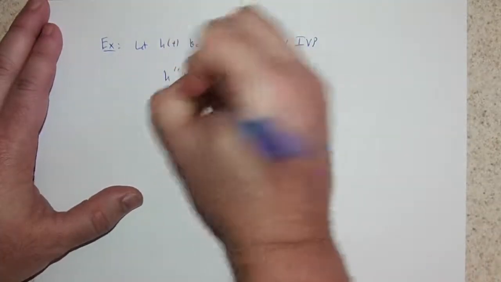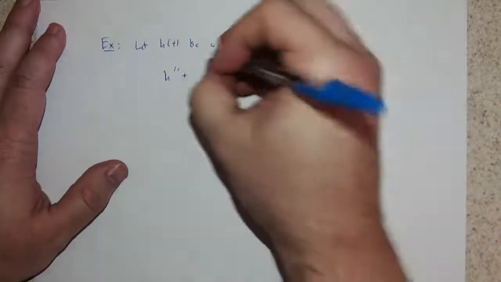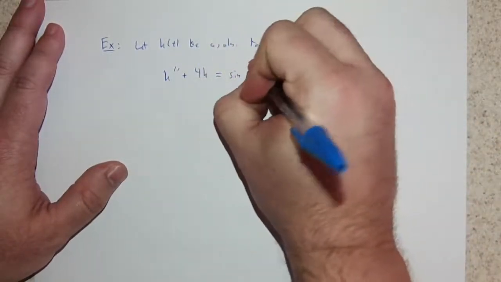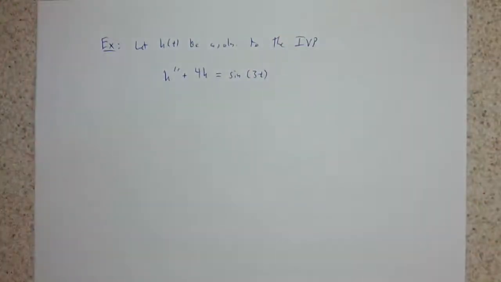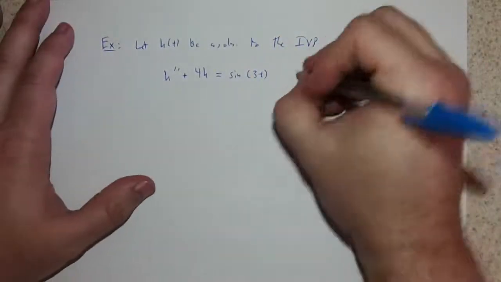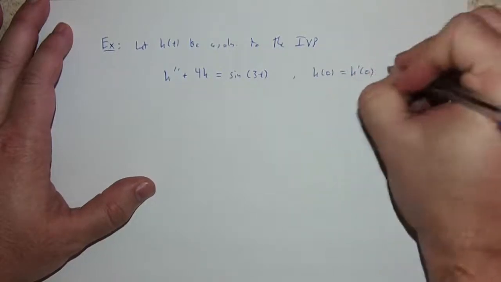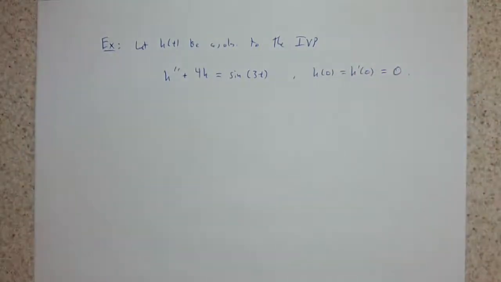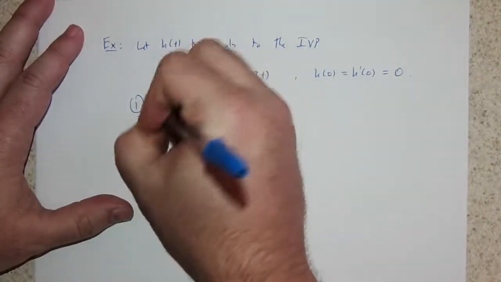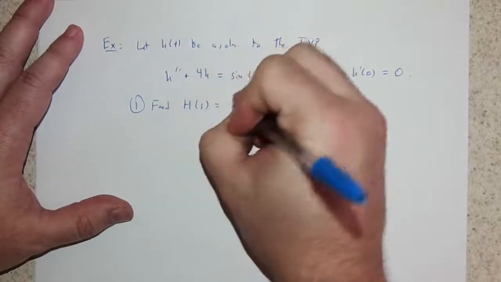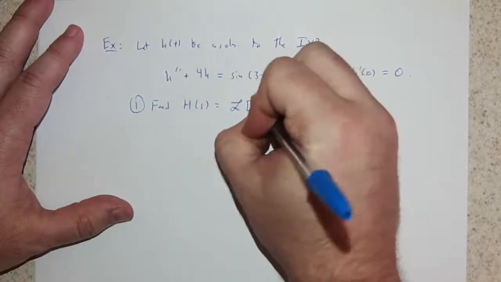Now, of course, this has to be the unique solution. h double prime plus 4h is equal to sine of 3t, and let h of 0 and h prime of 0 both be 0. So again, find big H of s, which is defined to be the Laplace transform of little h.